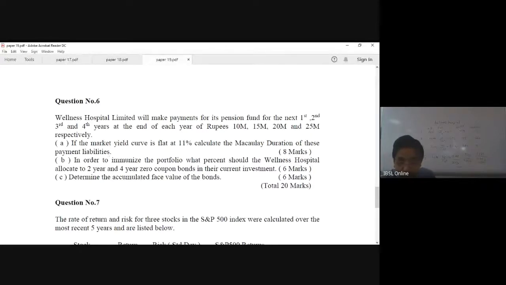There you do the calculations and you will come to 2.738. That is the Macaulay duration. Then the second part comes: in order to immunize the portfolio, what percent should Wellness Hospital allocate to 2-year and 4-year zero coupon bonds in their current investment?